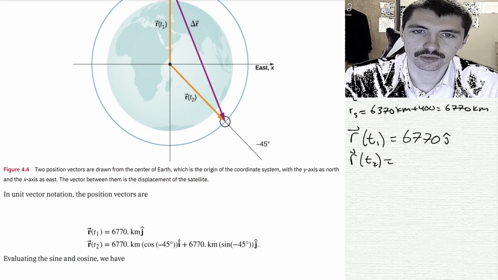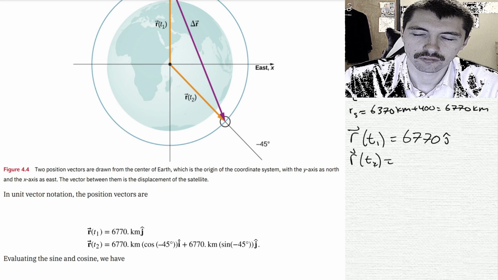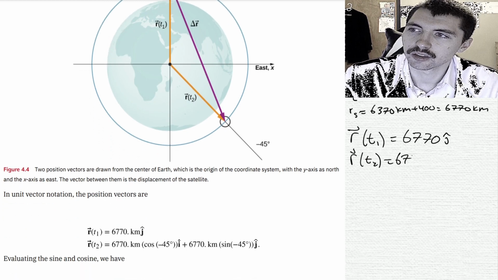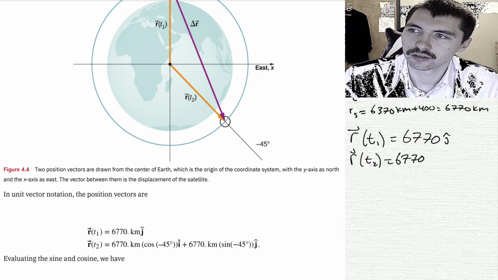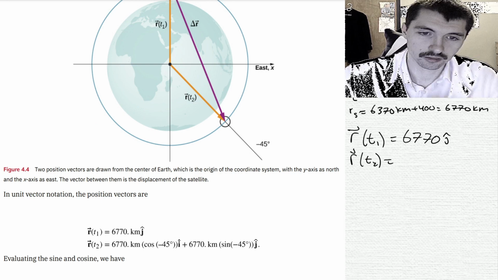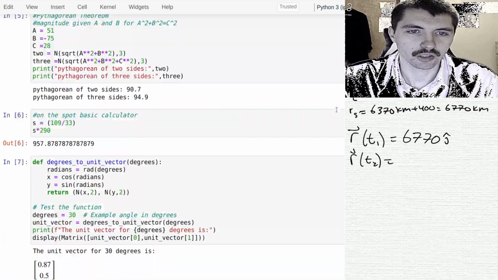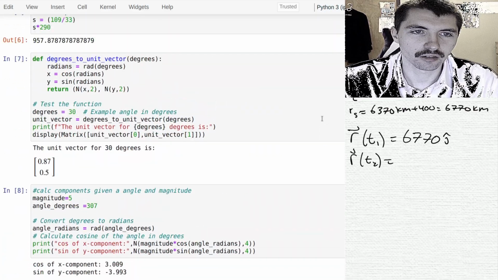Okay, so RT2, 6770. Okay, so we are going to use our calculator we made a long time ago.